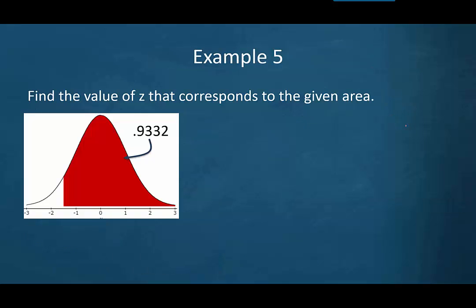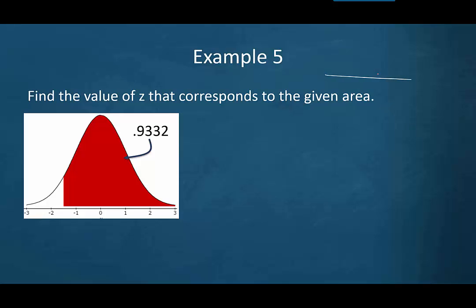Example 5 here. This time we have the normal curve drawn and shaded and are asked to find the z-score that corresponds to the given area, 0.9332. But this time it's shaded to the right. So as usual, there are a couple of ways to determine this. We're going to use the inverse norm function, but note that the area gives the corresponding z-score when shaded to the left.